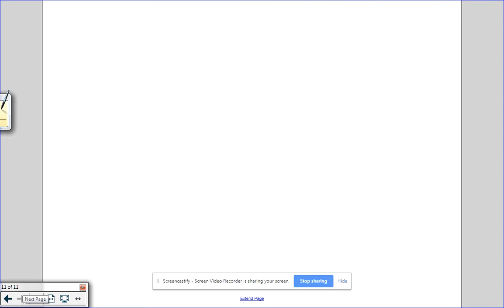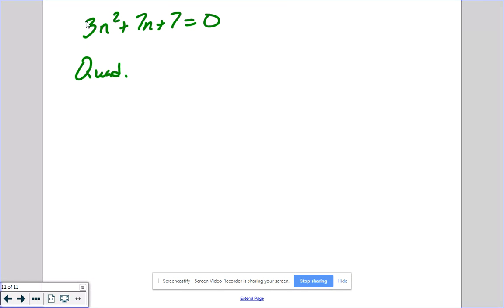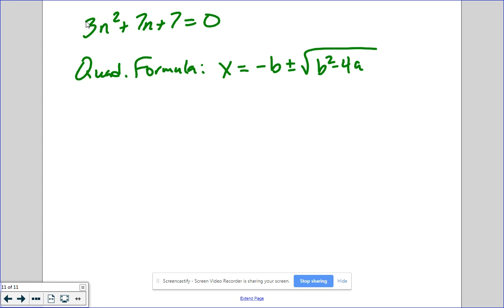So if we look at that same problem, I had 3n squared plus 7n plus 7, right? If I want to use the quadratic formula, it would be x equals negative b plus and minus the square root of b squared minus 4ac, all over 2a.